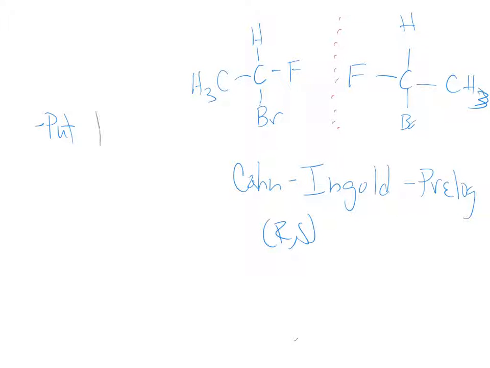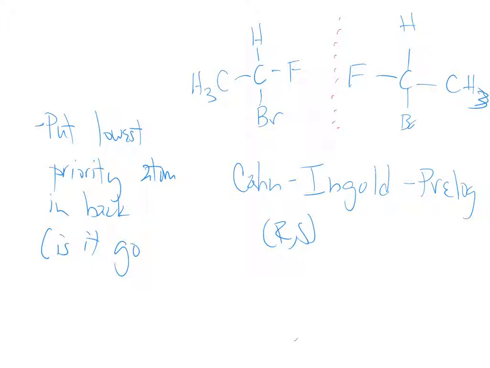Always put the lowest priority atom in the back, if at all possible. It's easy when there are four things, and when it gets longer, it's not possible. So if you can't do it, you just have to think, is it going towards you or away from you?